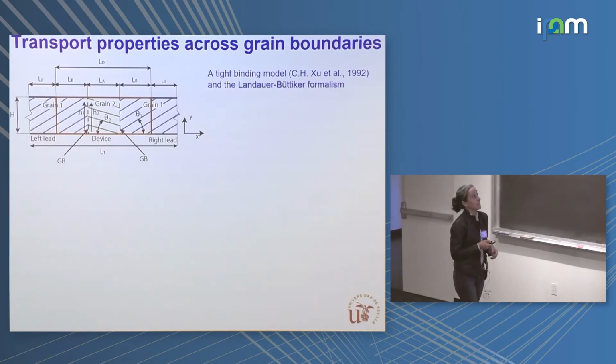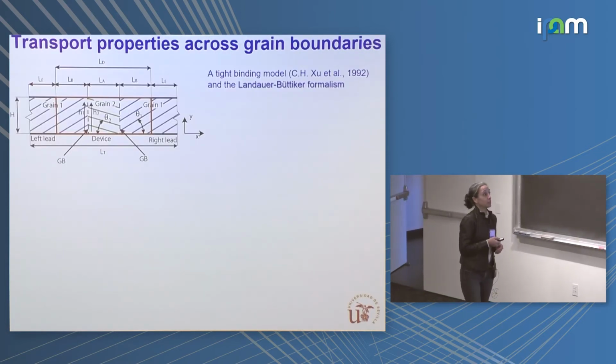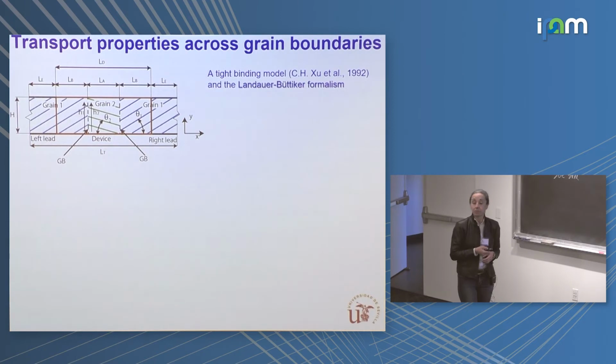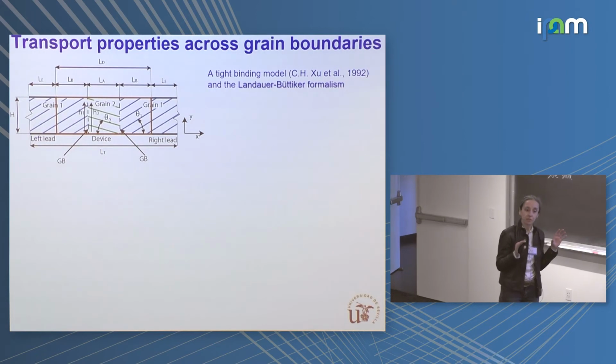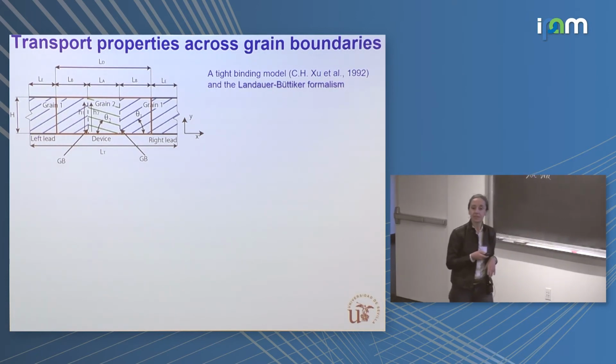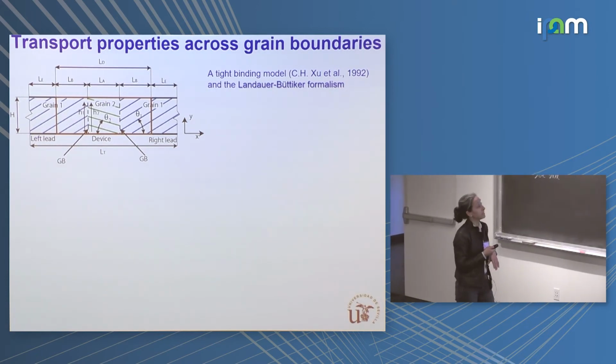So we study the transport properties across grain boundaries with this Landauer-Büttiker formalism, in which you have to define the grain, and then you need to account for the left and right leads. You need to have perfect lattice, so you have to be careful to define the size of your supercell in such a way that here the lattice is perfect, and here is perfect also.